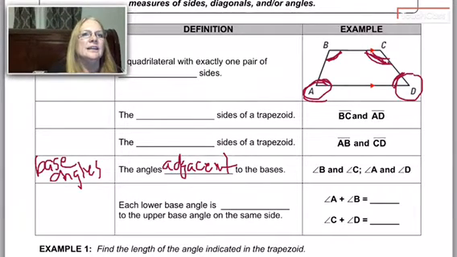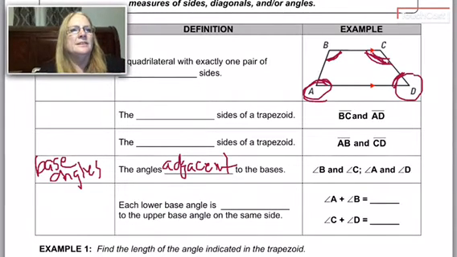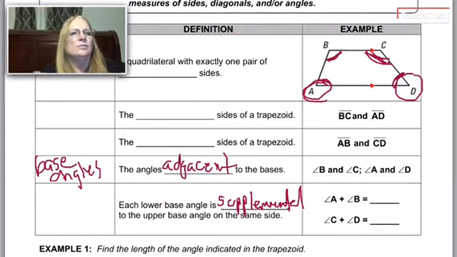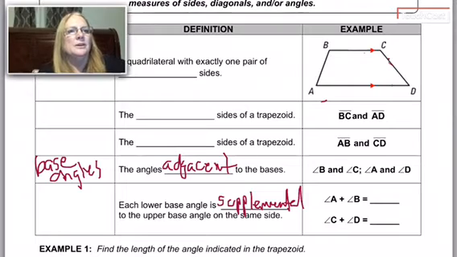So each lower base angle is supplemental to the upper base angle on the same side. In other words, let me erase this here and I'll make an example.